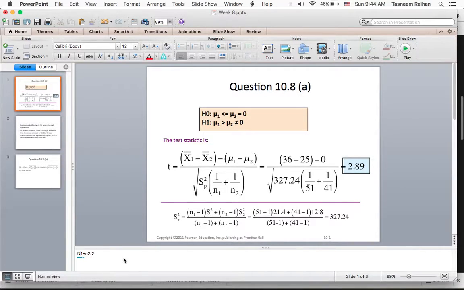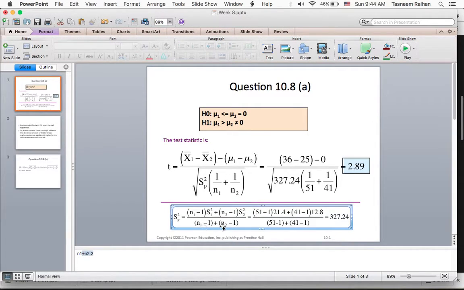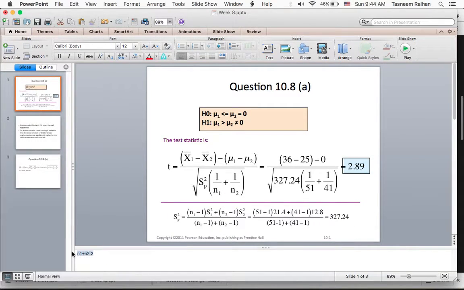If you simplify n1 minus 1 plus n2 minus 1, you get this. So this is our degrees of freedom. In this question, our degrees of freedom is 51 plus 41 minus 2. So 51 plus 41, that's I believe 92, and minus 2 gives us 90. So that's our degrees of freedom, 90.